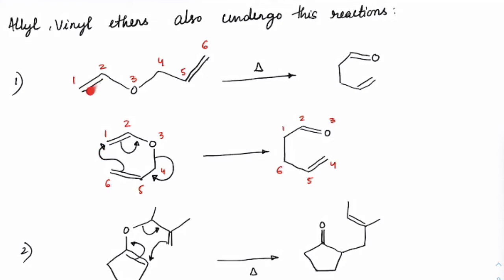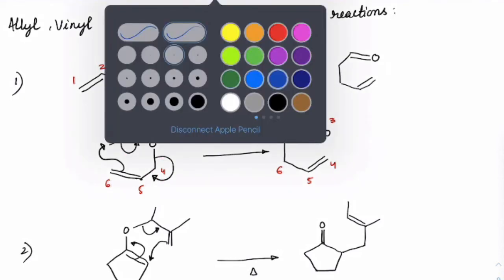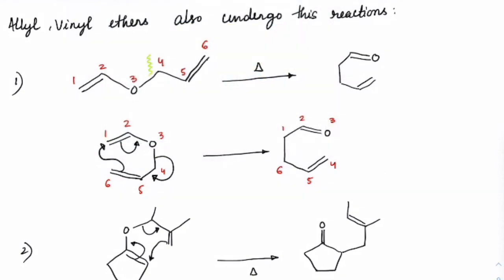and the pi bond from 1 to 2 will move to 2 to 3, and the 3 and 4 bond will break. Always remember to break the bond at the allylic position only.